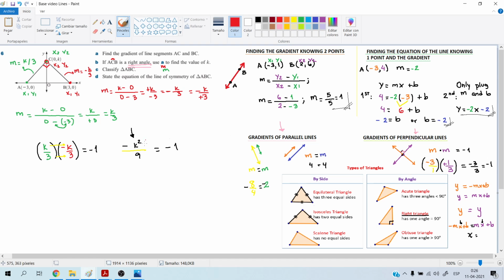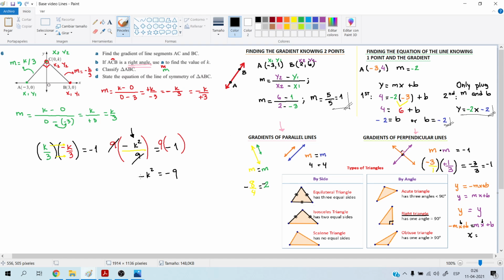How do we get rid of the number 9 in the bottom? We multiply each side by 9, and we solve it. We can cancel the 9s. Why? You might be wondering, there's a negative between the 9 and the k. Yeah, but you're multiplying, you have brackets. If you have brackets, in the end, you can do this. 9 over 9, 1. So negative k squared equals -9.